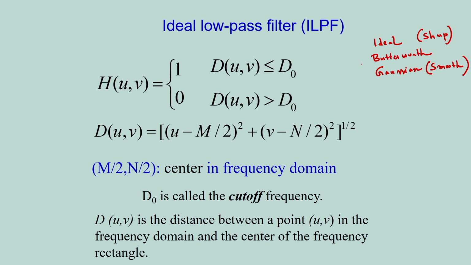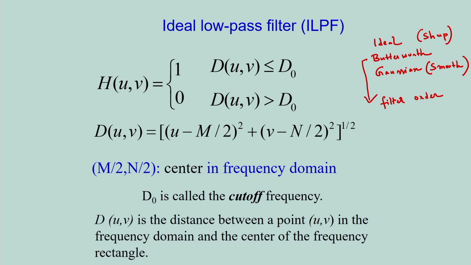In case of the Butterworth filter, we have a parameter, and that parameter is the filter order. If I consider high order values, the Butterworth filter approaches the ideal filter.